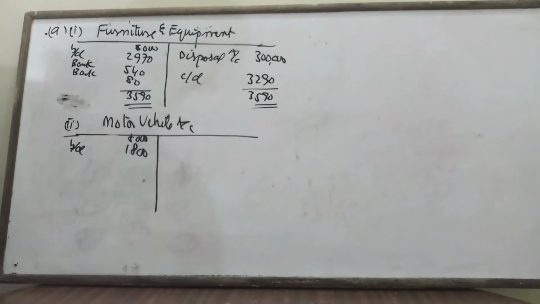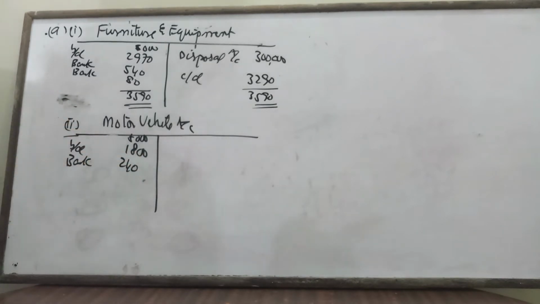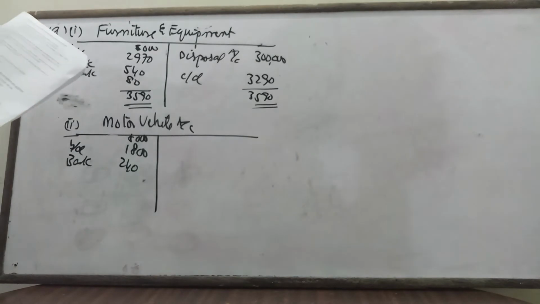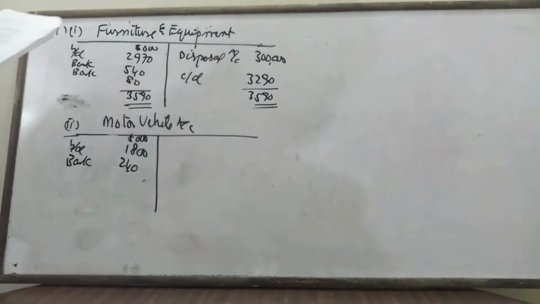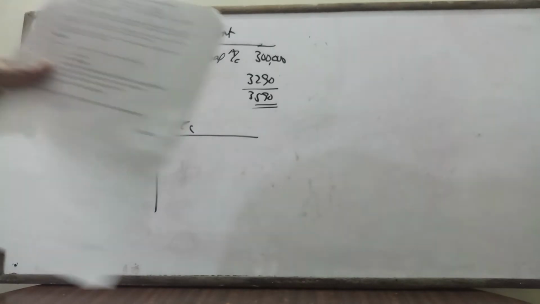One motor vehicle costs 80,000, so 80 multiplied by 3 is 240,000, because three motor vehicles were bought.